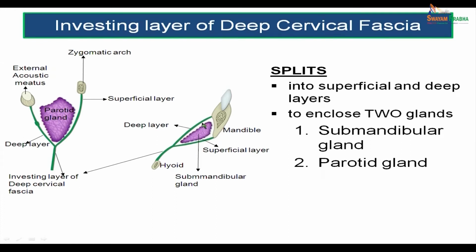Here it encloses the submandibular gland, and as it passes further up from the mandible to reach the zygomatic arch, again it splits into a superficial layer and a deep layer, and it encloses the parotid gland. Here the superficial layer attaches to the zygomatic arch lower border and the deeper layer attaches to the tympanic plate just below the external acoustic meatus.